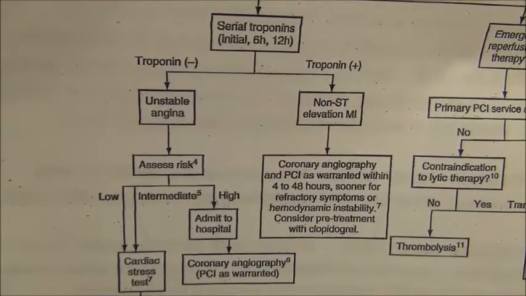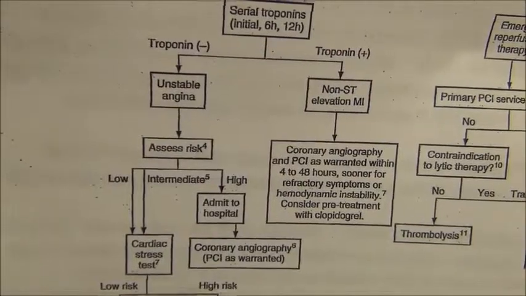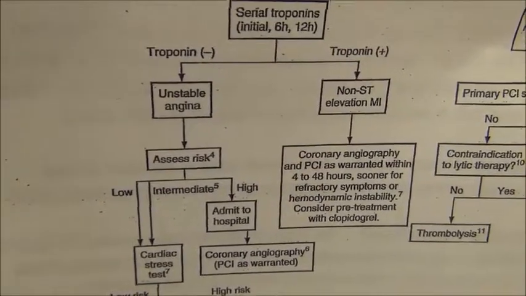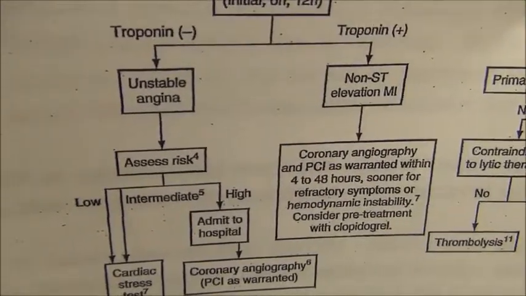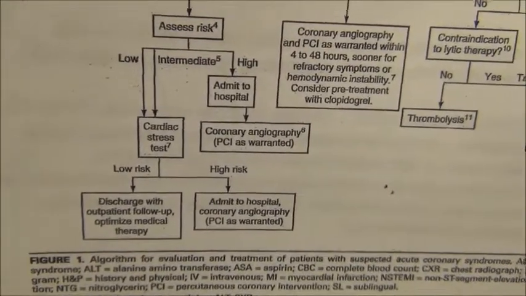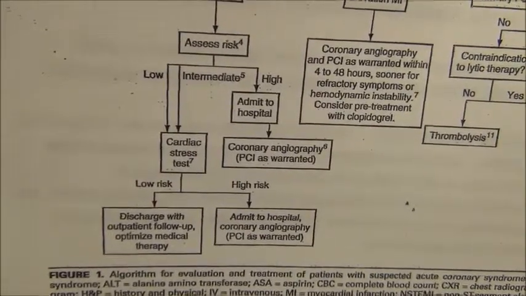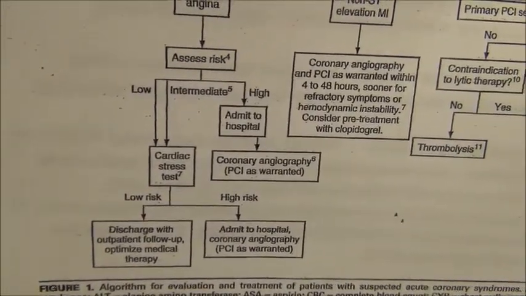I think this gives you some idea about what happens in just about every first-class institution when a patient comes in with chest pain or symptoms that they can diagnose as myocardial infarction. All right, now, let's see what's next.